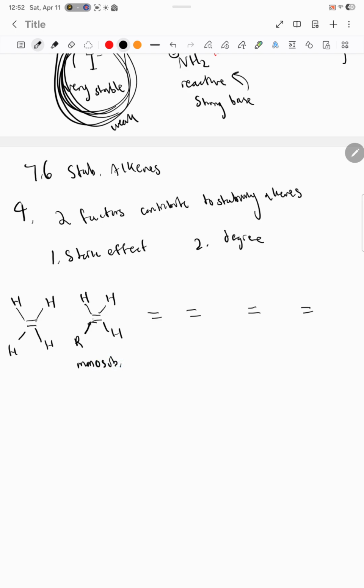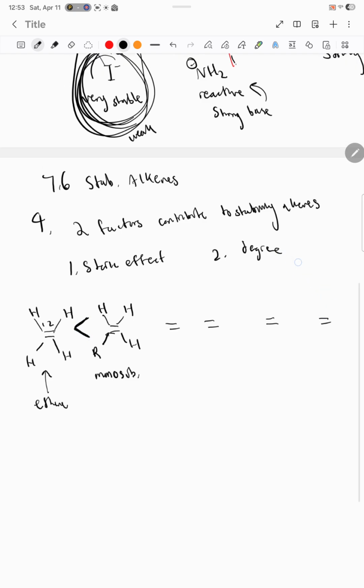Now, comparing just these 2, this would be called ethene because it's just all hydrogens on 2 carbons. So would the ethene be more stable than the monosubstituted, or would it be the other way? Actually, it's less substituted, less stable. It's much less stable than the monosubstituted.